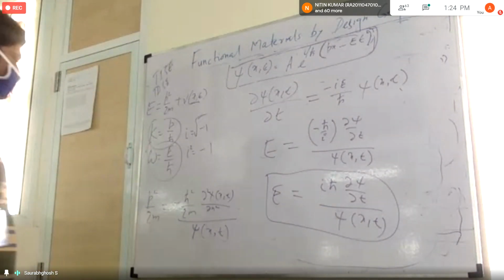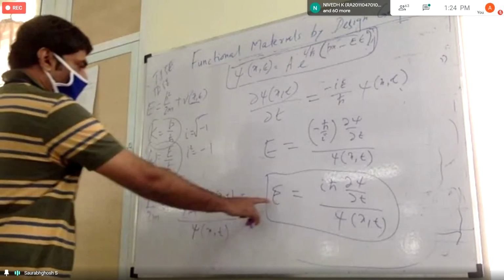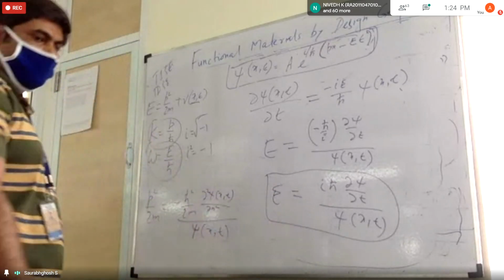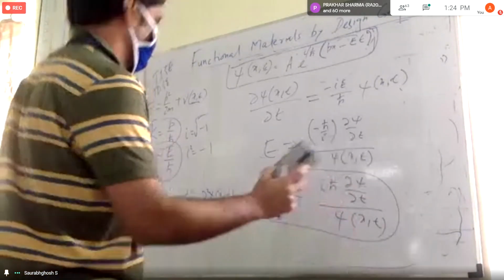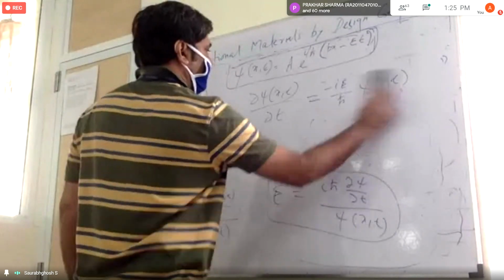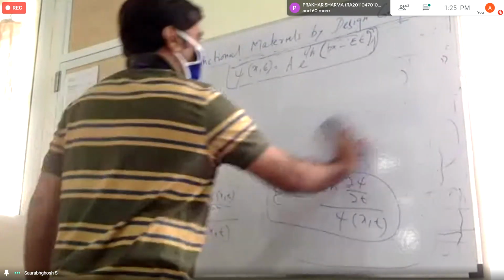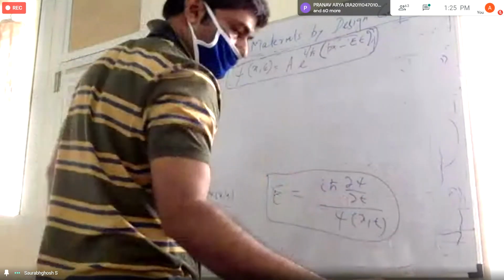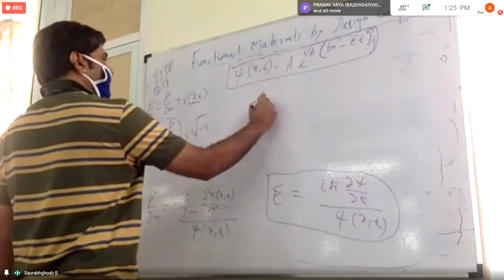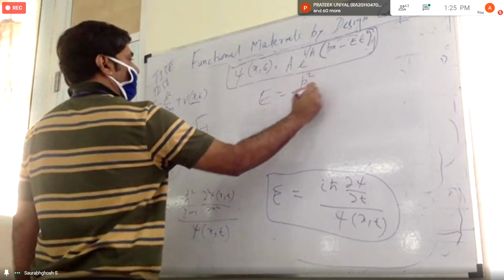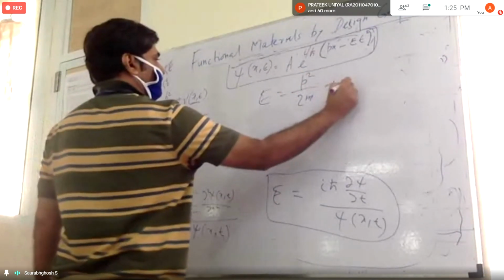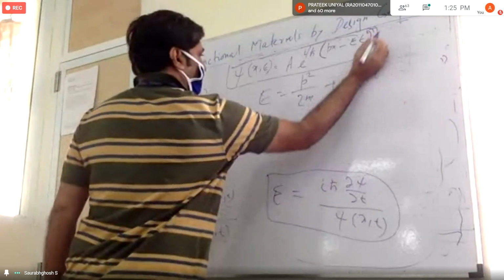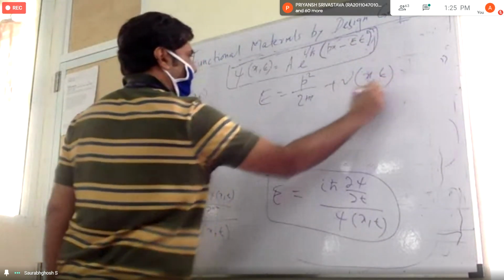Okay, so we got p square by 2m, and we got E. Now we know that E equals p square by 2m plus V of x and t, a function of x and t.